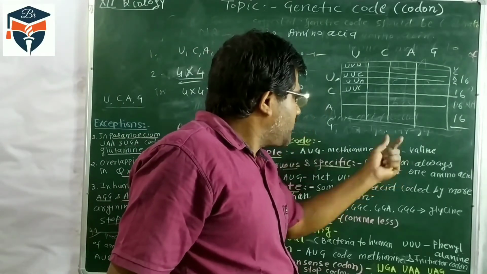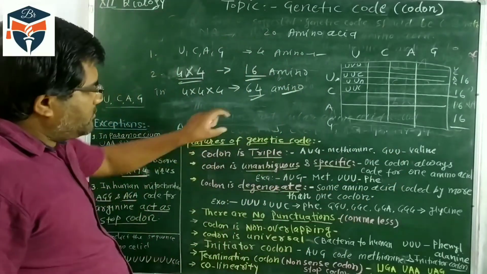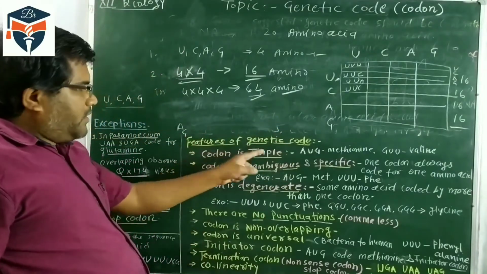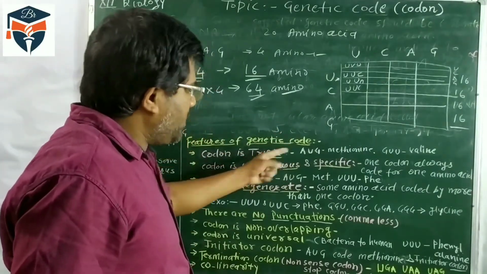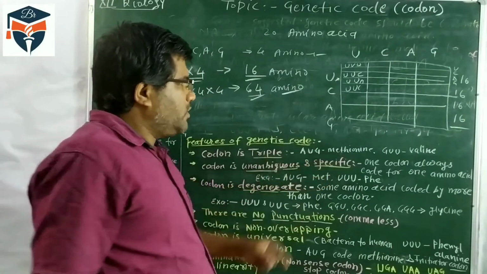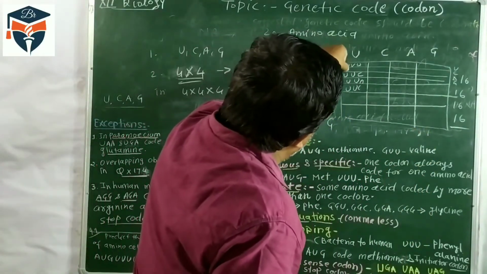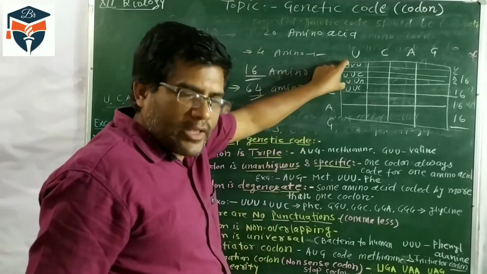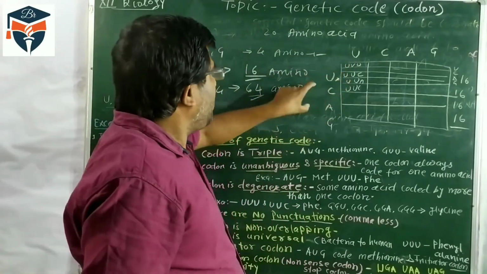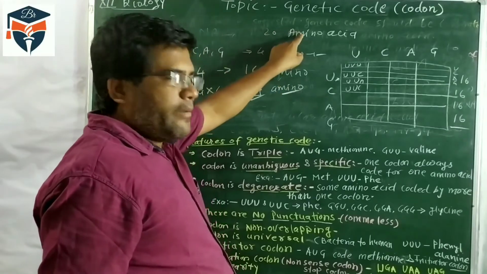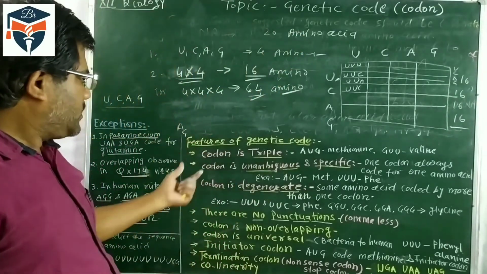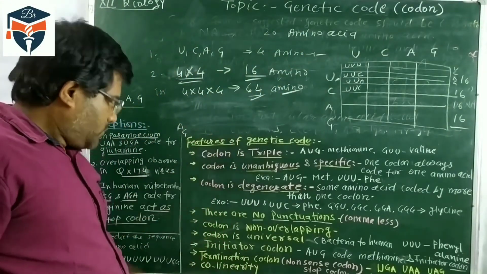It is also a triplet codon. So the first characteristic of the genetic code is that the codon is a triplet. One example, AUG codes for methionine and GUU codes for valine. So we get 64 codons, and those 64 codons are enough to code the 20 amino acids, and so we say the codon is a triplet.